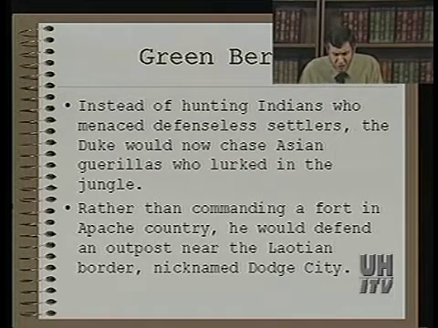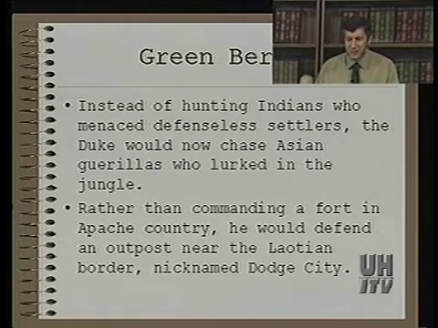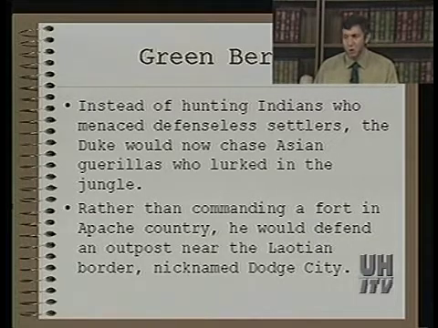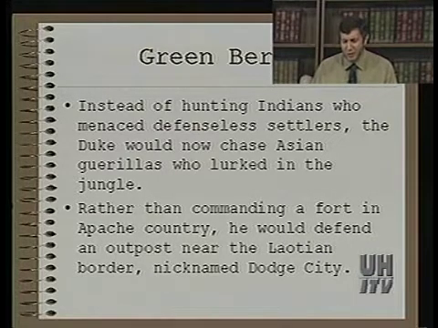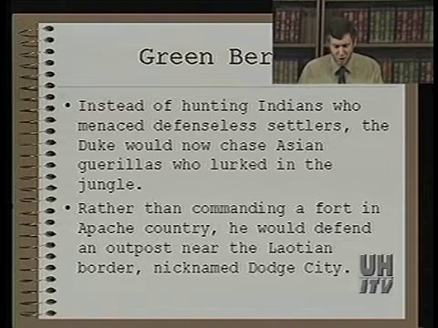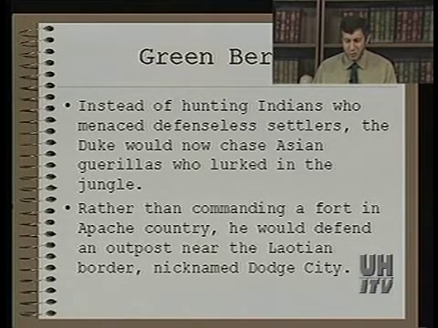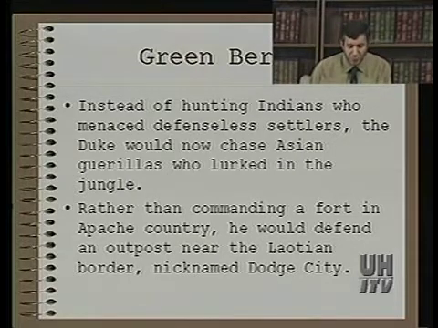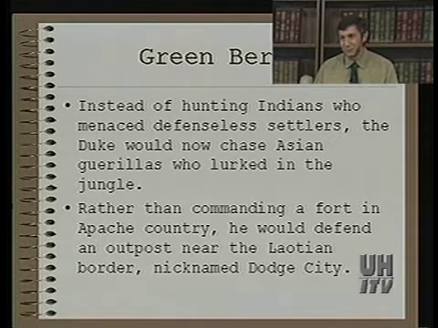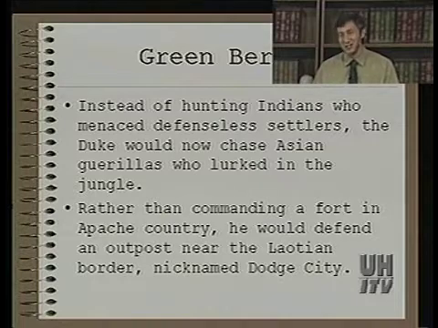Instead of hunting Indians who menaced defenseless settlers, the Duke would now chase Asian guerrillas who lurked in the jungle. Rather than commanding a fort in Apache country, he would defend an outpost near the Laotian border that he called Dodge City.